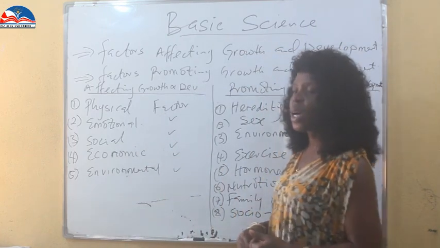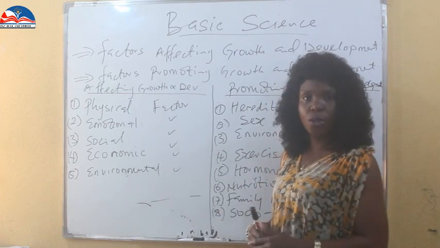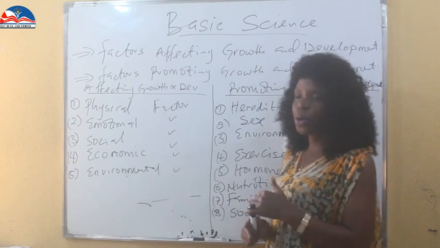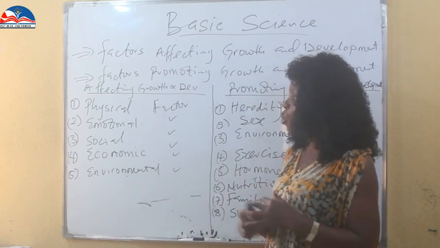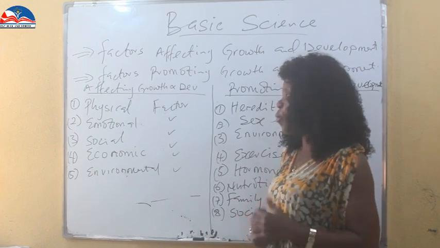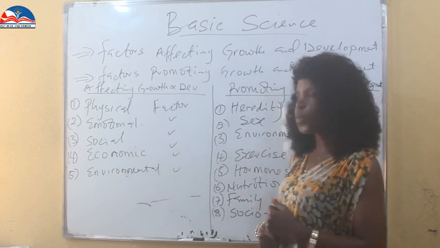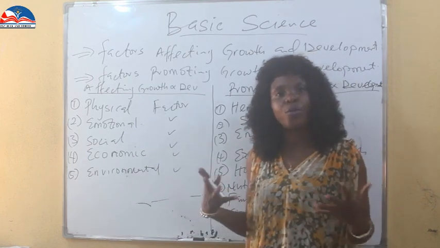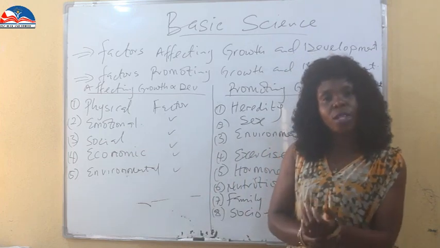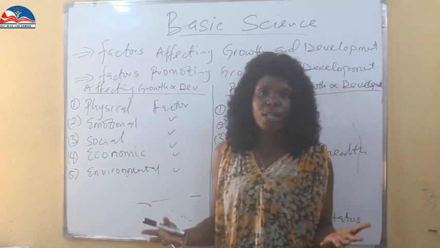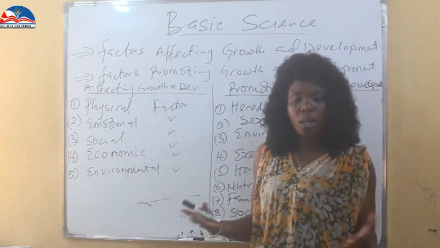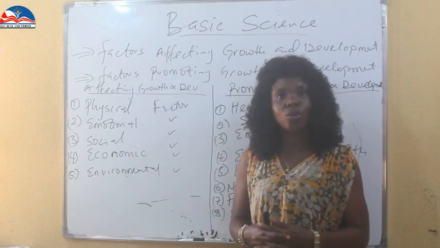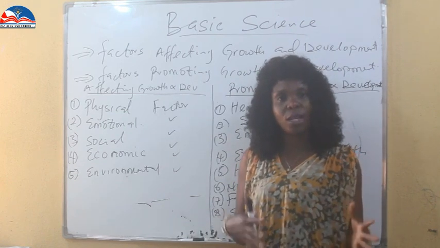And so we'll look at 5 factors that affect growth and development, which are physical factor, emotional factor, social factor, economic factor, and environmental factor. When we look at the physical factor, it has to do with the physical development that can affect the growth of an individual. If an individual has some malformation, his physical growth is going to be stunted or disturbed.